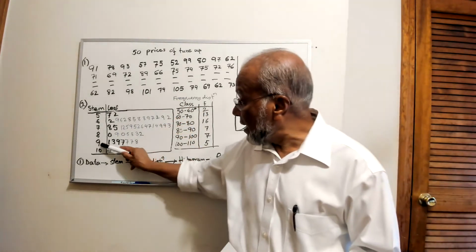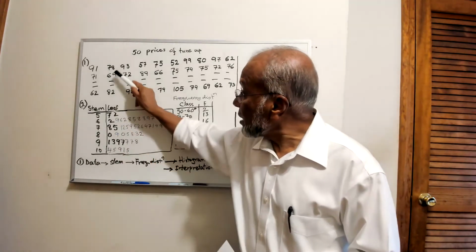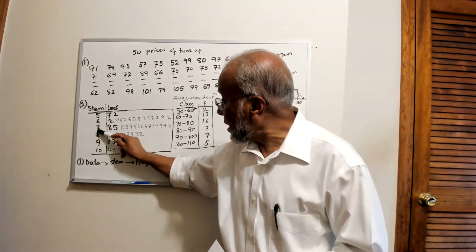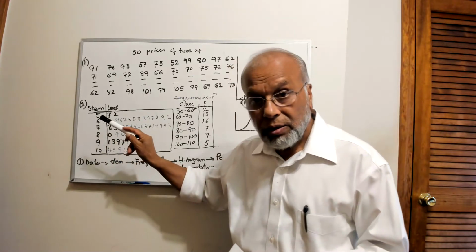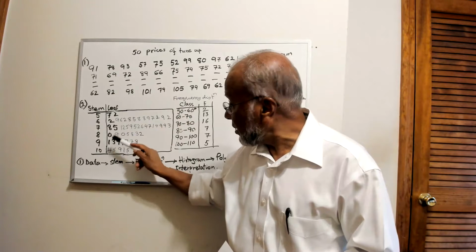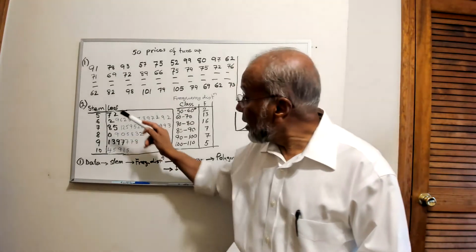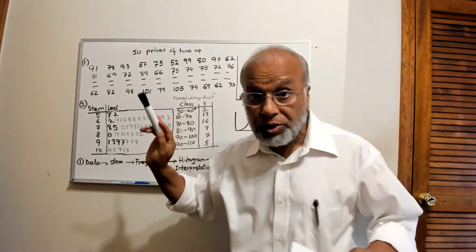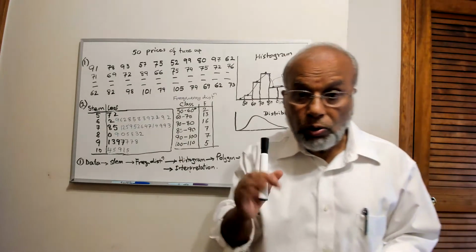91 means 9 and 1. 78 means 7 and 8. And then 93 means 9 and 3. And so on. I go this way so I don't make mistakes. You don't need to do it twice.